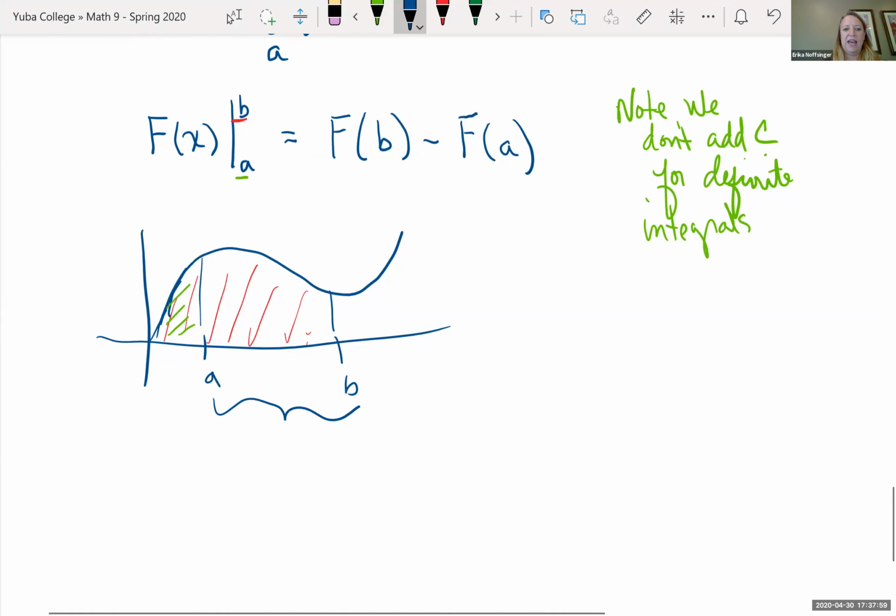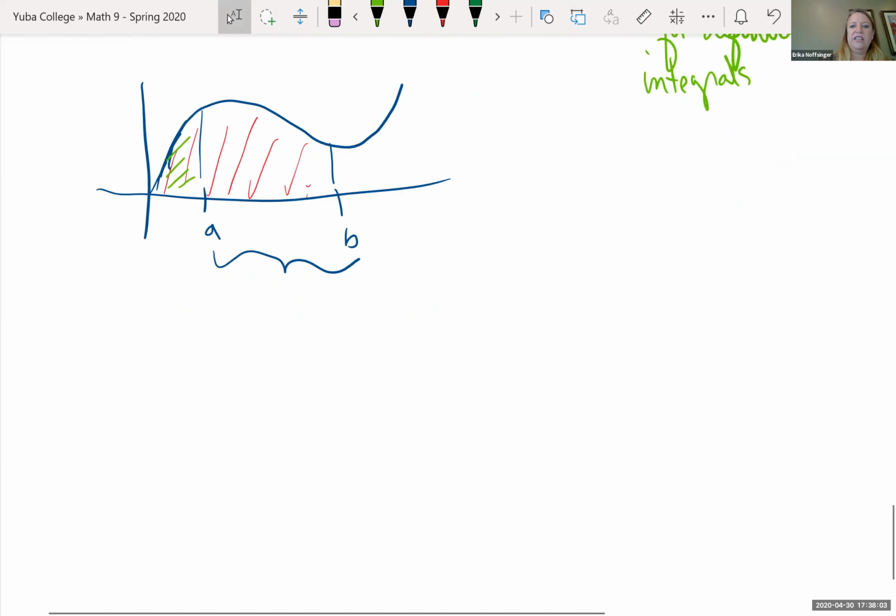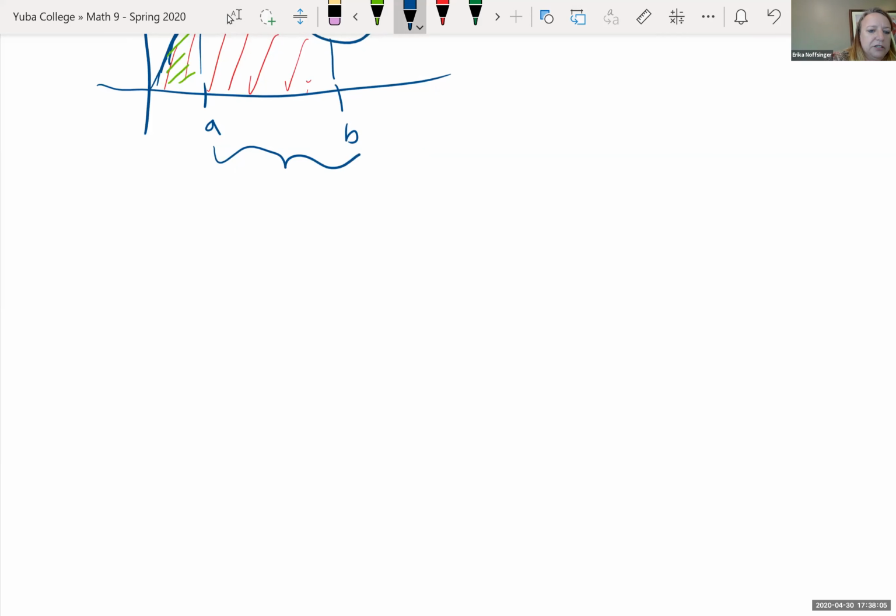Okay, so let's apply this. Let's actually go with an easier function. Let's really go easy. How about 0 to 5 of x dx?